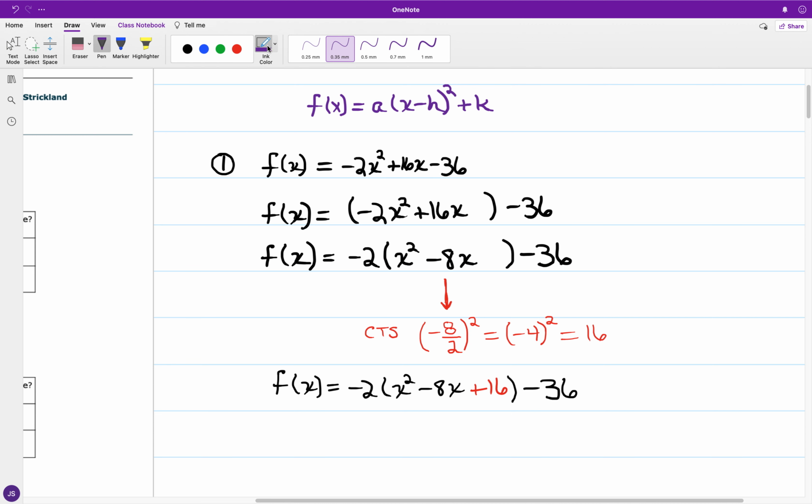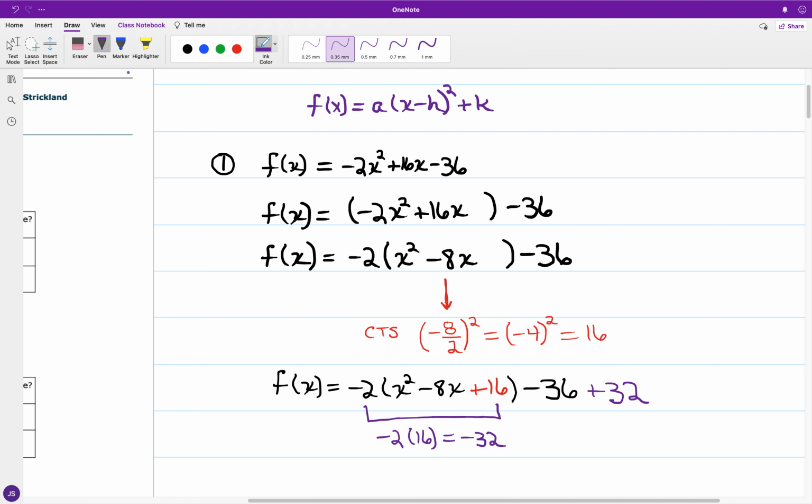So what I'm doing in effect is that as I'm adding 16 within the parentheses, I'm actually adding negative 2 times 16 at the front, so I'm actually applying negative 32 at the front, and I want to offset this deficit by adding 32 at the back.